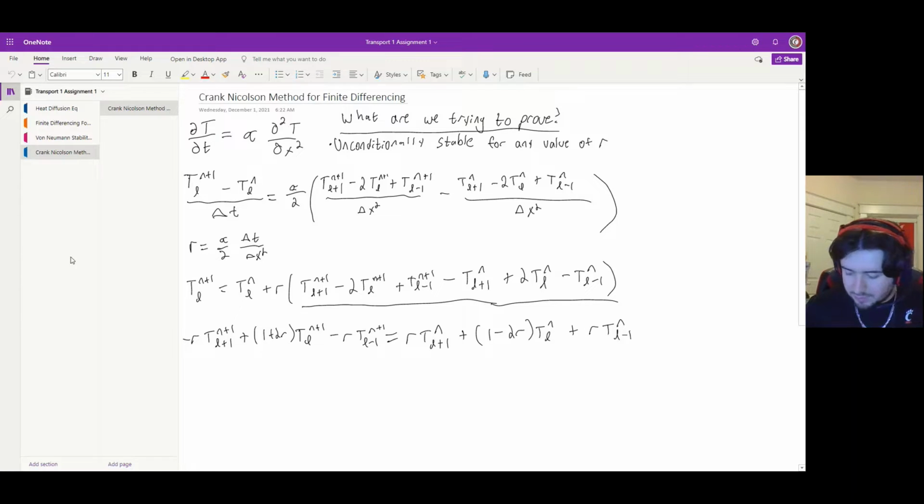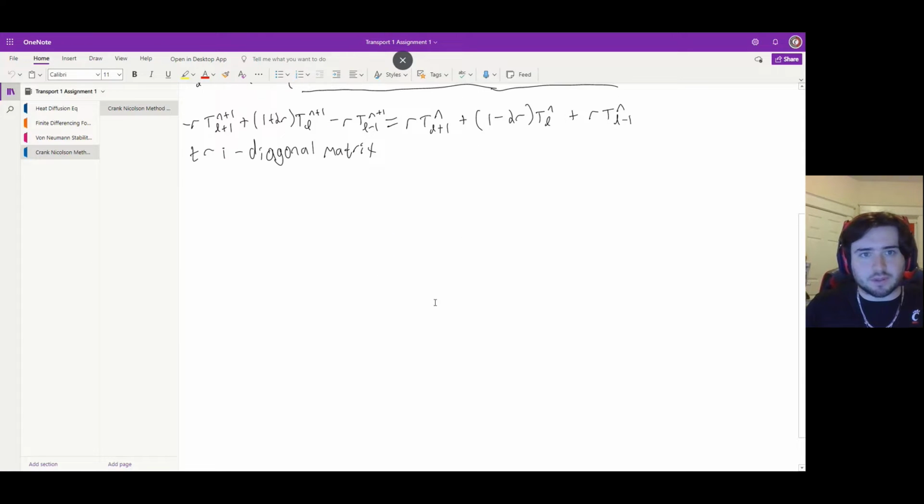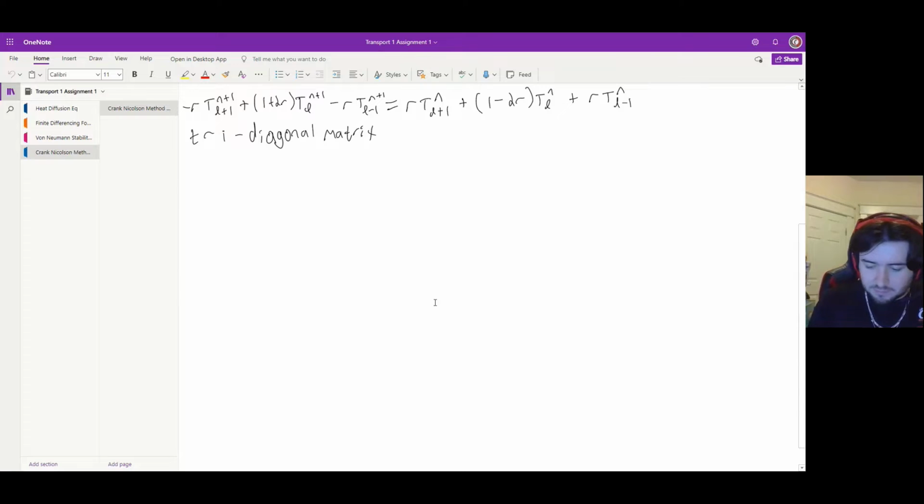I know this is kind of big, but we're going to break this equation down into something called a tridiagonal matrix, and that will allow us to analyze this equation further. I'm going to break this up into matrices. Scroll down a little bit so you can see.